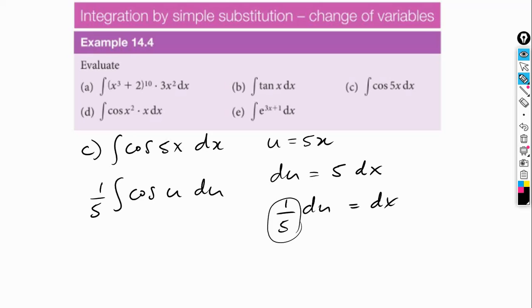So we can just rewrite this as 1/5 sine of u plus c. And then finally, all we have to do is plug back the 5x, and it's going to be then 1/5 sine of 5x plus c.